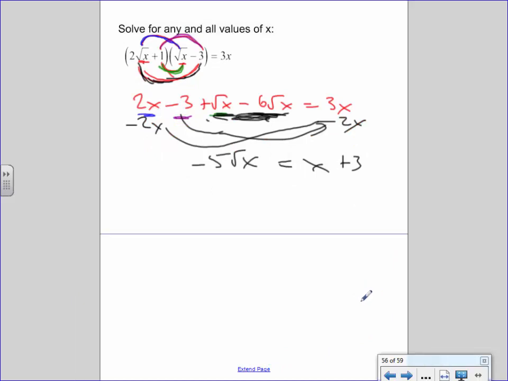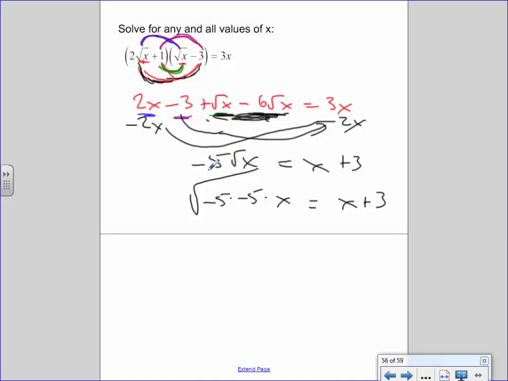Okay, we have to pay attention really carefully to this part right here. I still have this stupid minus 5 out front. When I bring it back inside, 2 negatives have to come inside. So I'm going to have negative 5 times another negative 5 times the x that's already there.